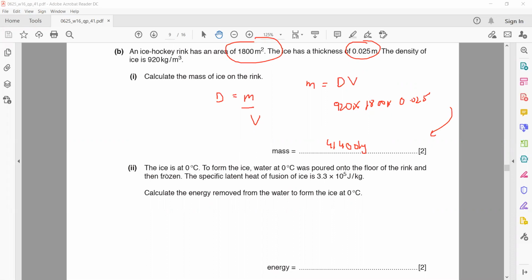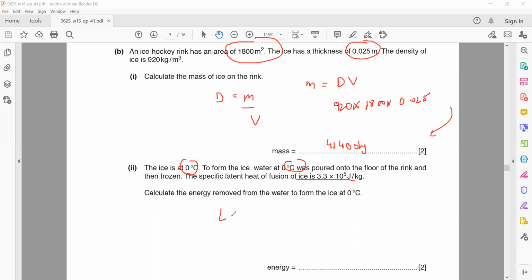Then the ice at zero, to form the ice, water at zero is poured onto the floor of the rink and then frozen. The specific latent heat of fusion is the energy required to convert solid into liquid, or the energy released when liquid changes back to solid, but for 1 kilogram or each kilogram. Calculate the energy removed.